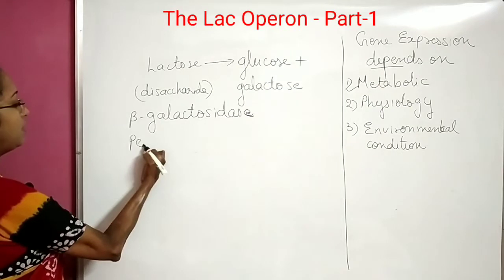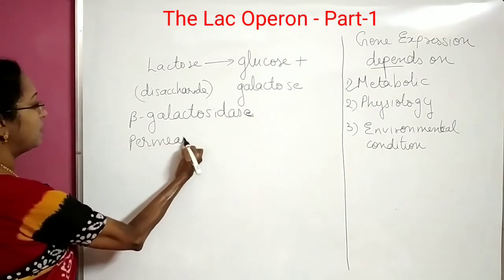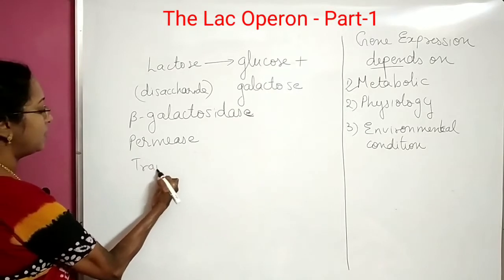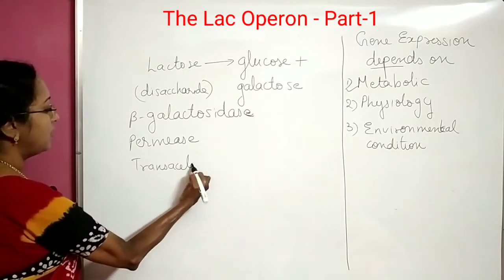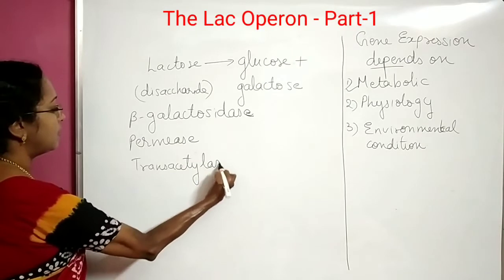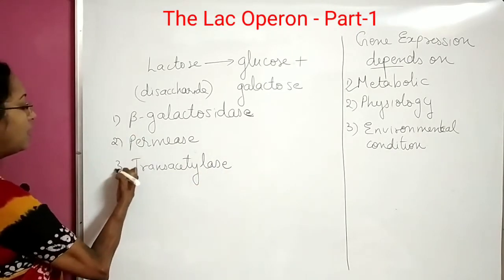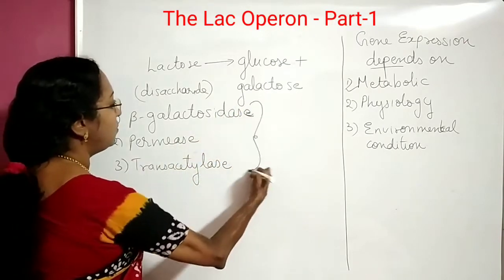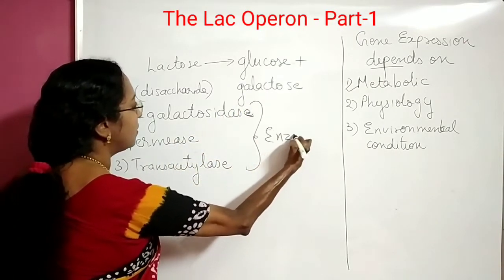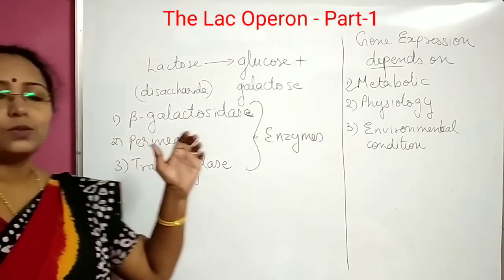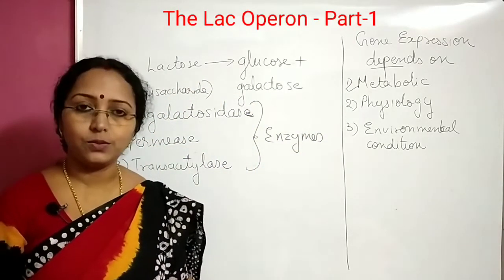Next enzyme is permease, and third enzyme is transacetylase. So there are 3 enzymes. These 3 enzymes are needed for the conversion of this lactose into glucose and galactose.